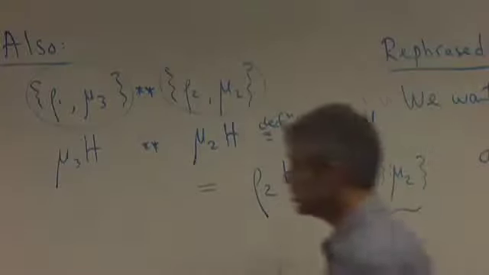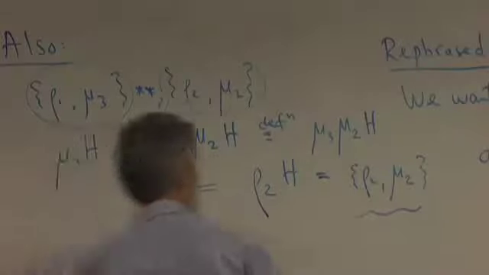So because this and this are not equal, the punchline is that this second proposed binary operation is not well defined. Too bad. So we're crapping out here.